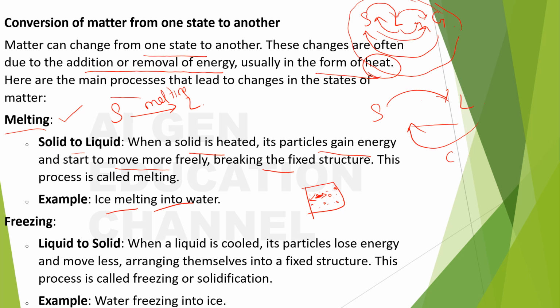So the particles start moving freely, and this fixed structure is broken. The particles move away from each other, and so they acquire the property of flowing. It means that they became liquid. So melting means ice melting into water.